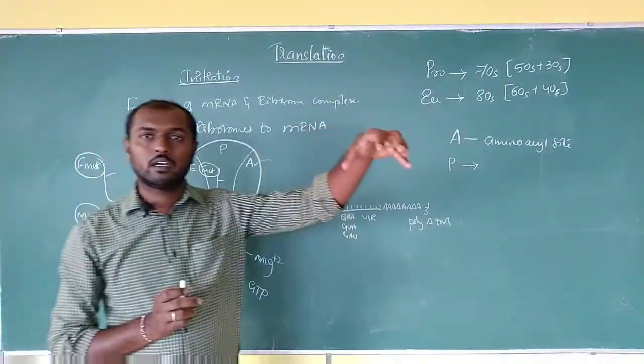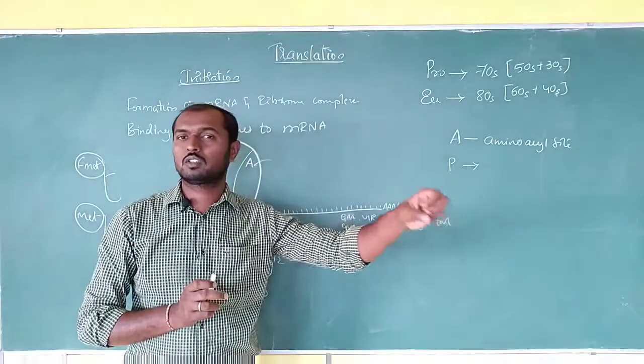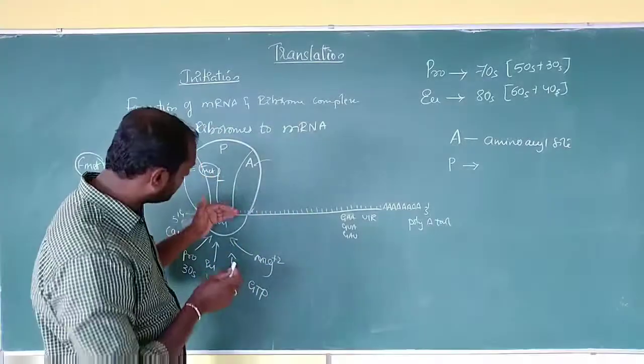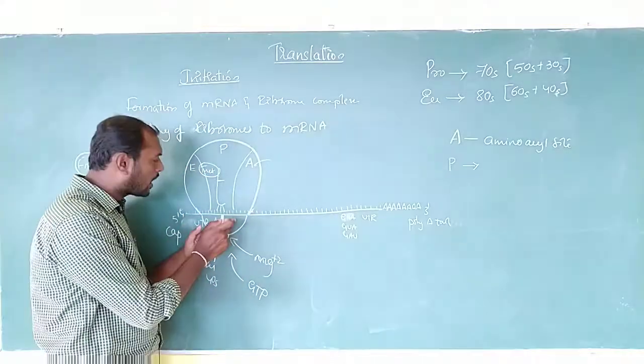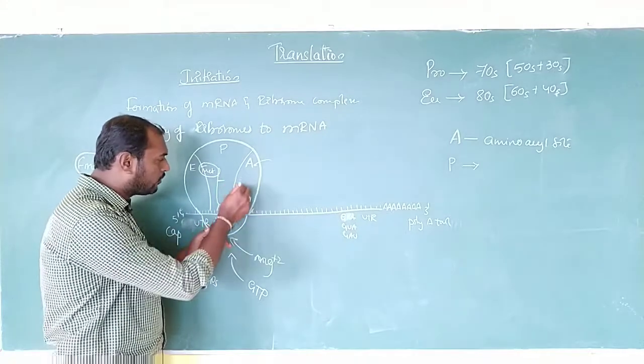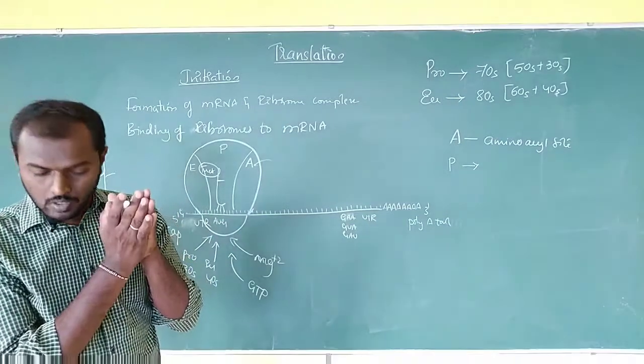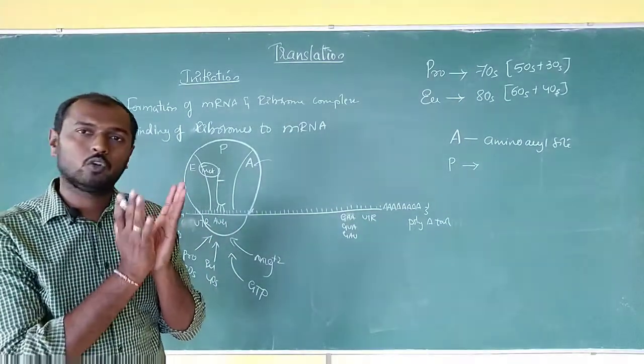So the tRNA carrying the charged amino acid is going to enter the A site, and it is going to form a bond between the codon and anticodon. That is the first step that we can see here.